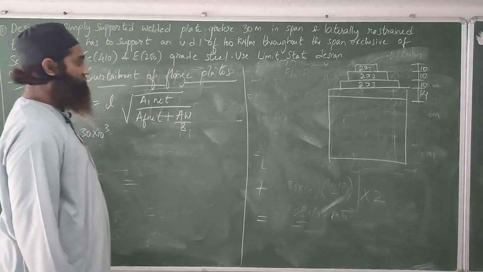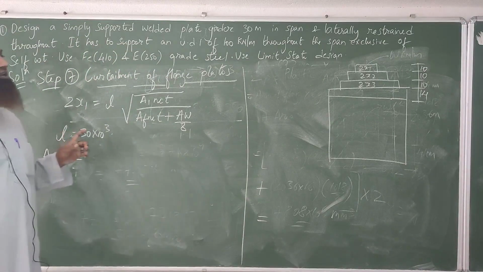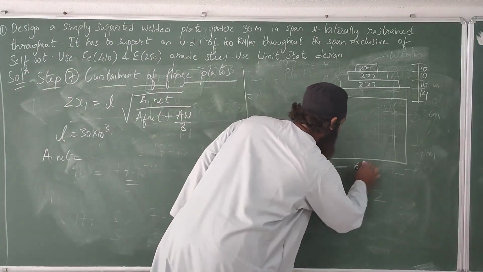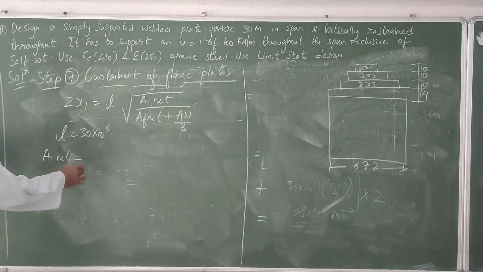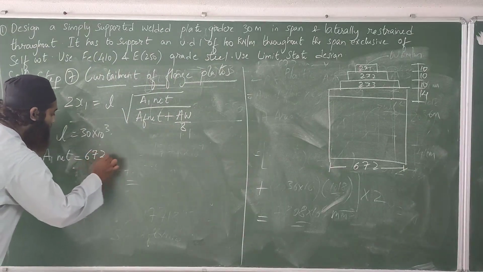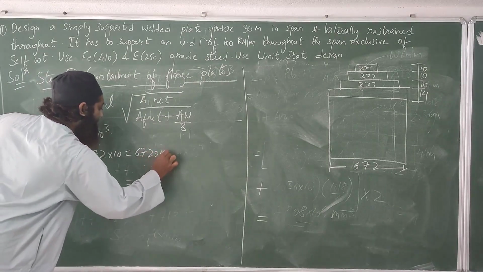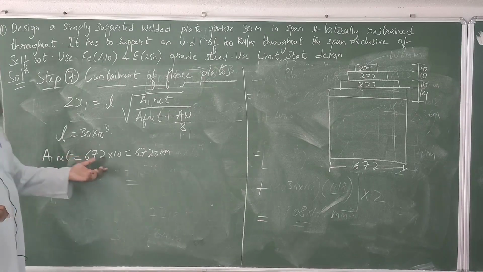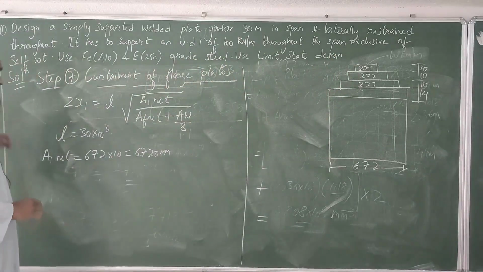At 2x1, A1 net is the area of that plate. So this size is 672, so the area of that plate will be 672 into 10, that will be 6720 mm square. So this is A1 net. Now what is AF net?